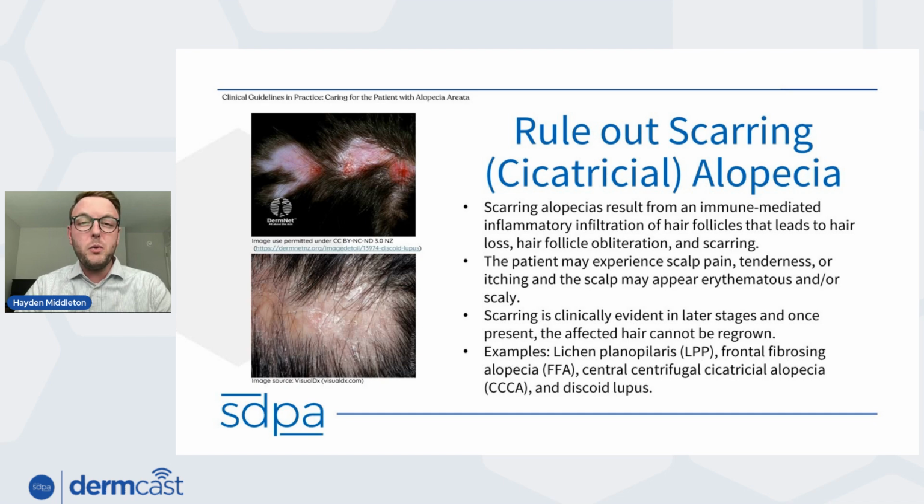Symptoms sometimes can include scalp pain, tenderness, itching, and the scalp can sometimes also appear erythematous and scaly. Sometimes scarring is clinically evident later in stages, and obviously it's of much importance to catch this early before this happens. And some examples include lichen planopilaris and discoid lupus.